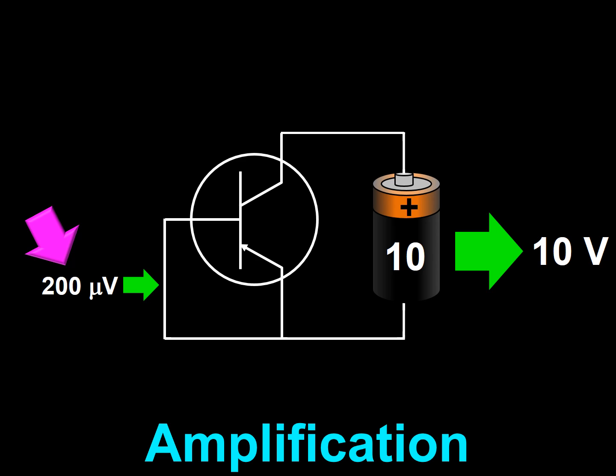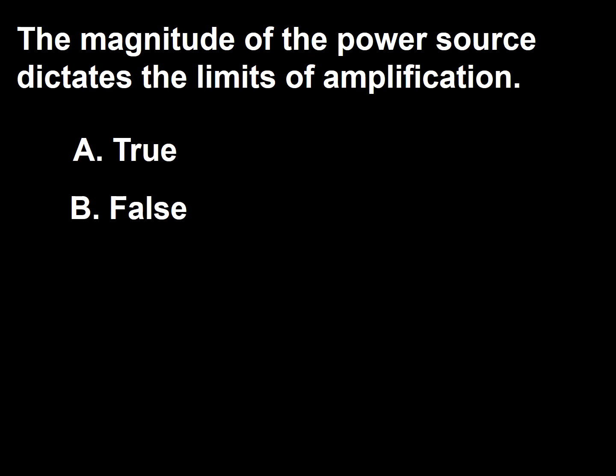In a transistor with such a specification, an increase in voltage going in, let's say 200 microvolts, will not further increase the output voltage. So the answer to this question is true.